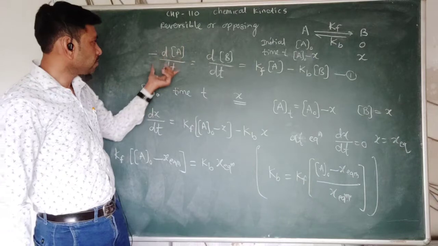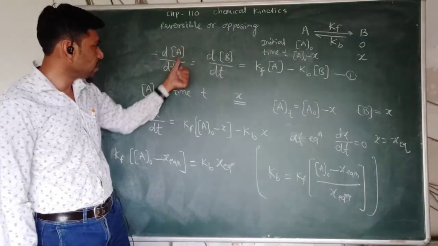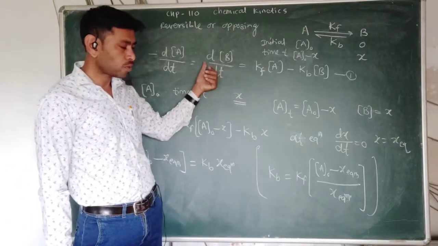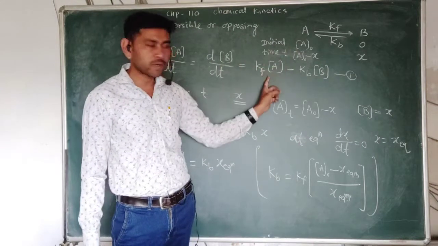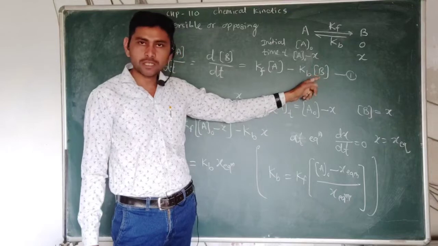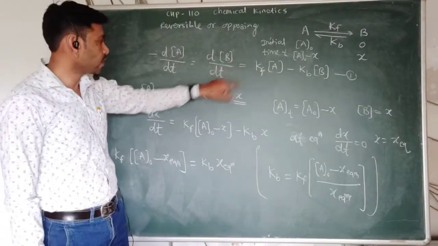In the reversible reaction, the rate can be written in this format: minus d[A]/dt, or minus d[B]/dt, equals kf, for the forward reaction, times the concentration of A, minus kb, for the backward reaction, times the concentration of B. So this is the rate equation we can write for the rate of reaction.